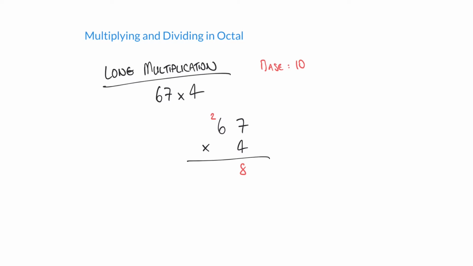And so our number is going to be 6, and we're carrying another 2 to the next column. Well, that next column only has the 2 in it. There was nothing else in it to begin with, and so we only have 2 as our result there. And so finally, we can say that 67 times 4 is 268.